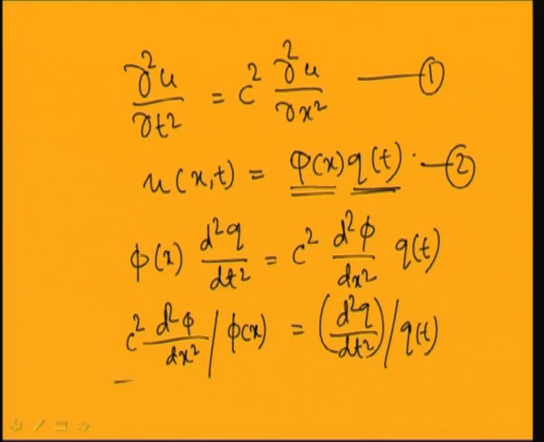You just see the left side is a function of x only and the right side is a function of t only. As they are equal, they must be equal to a constant.